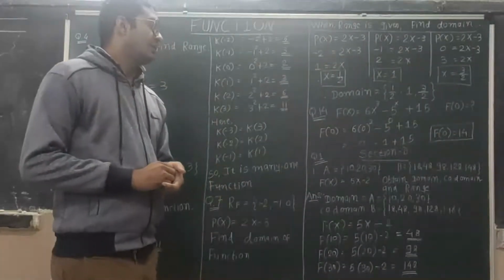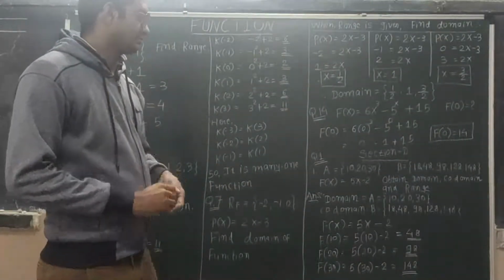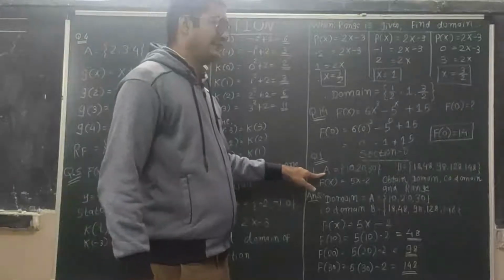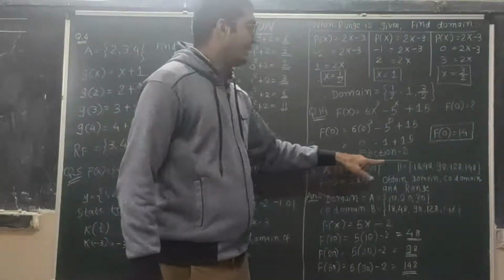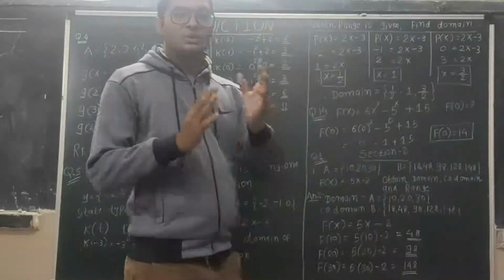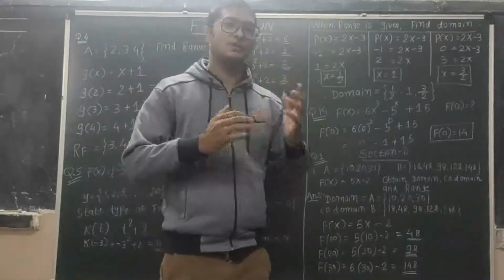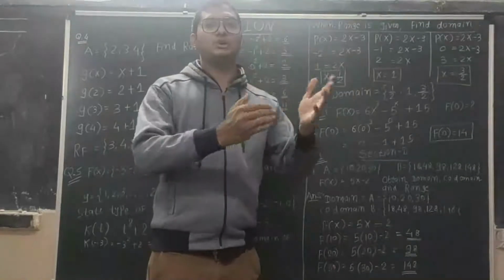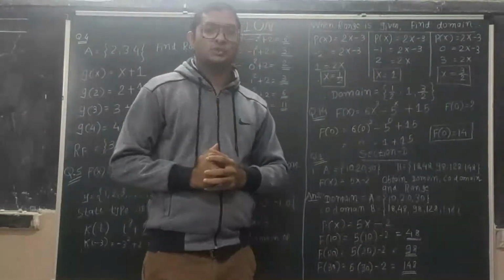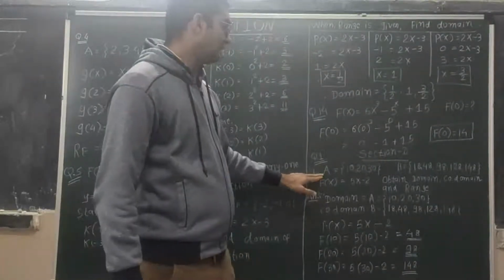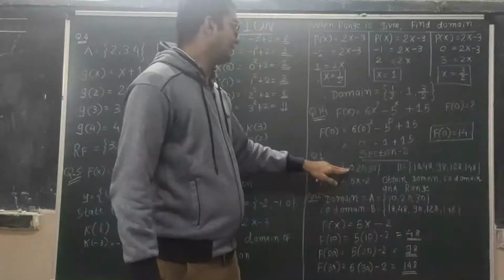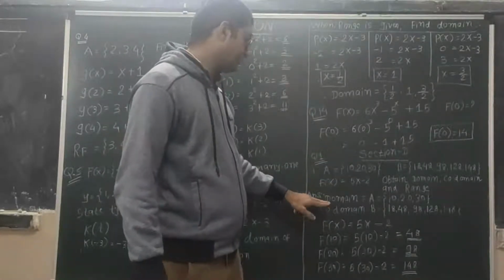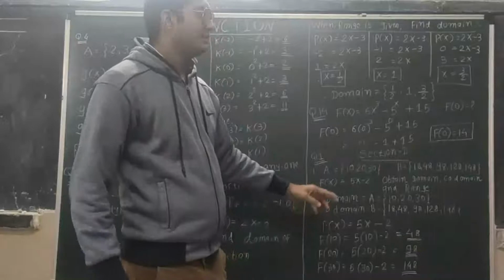Okay. Now, here it is set A, here it is set B. The first set we call the domain, the second set we call the codomain. So domain is equal to A is equal to 10, 20, 30. Understood?